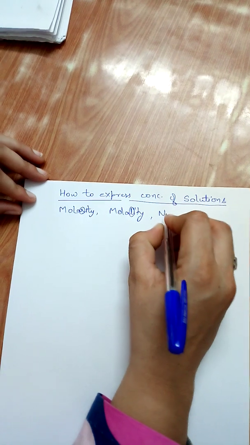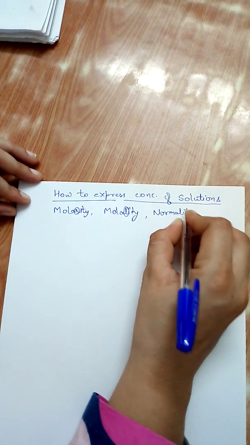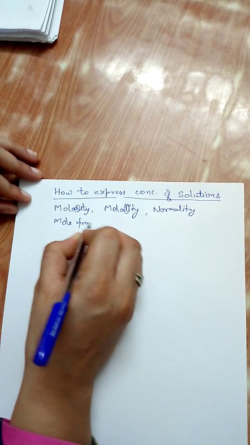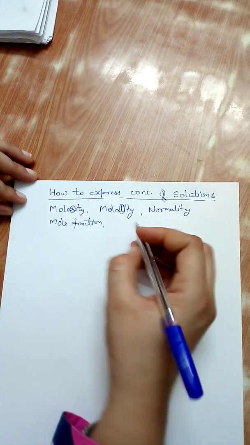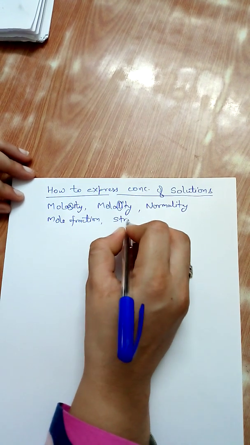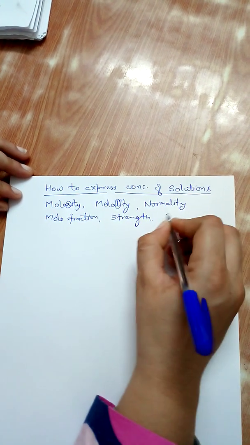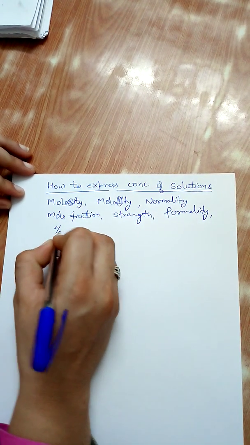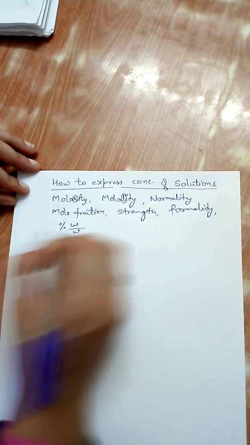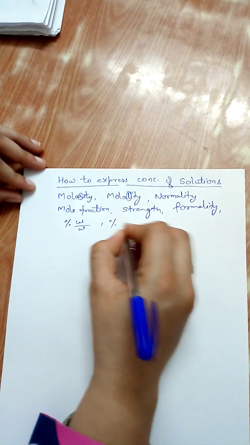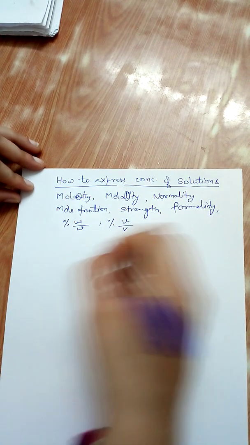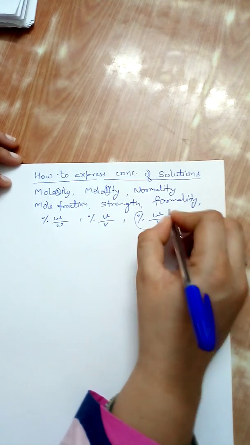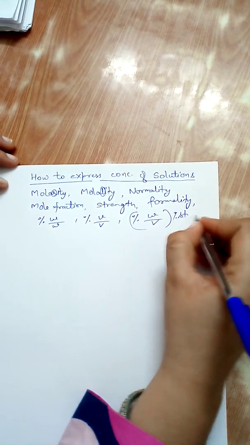The other method is normality, then mole fraction, then we have strength, we have formality, we have percentage weight by weight, which means mass percent, volume by volume, and then percent weight by volume, and this weight by volume is also known as percent strength.